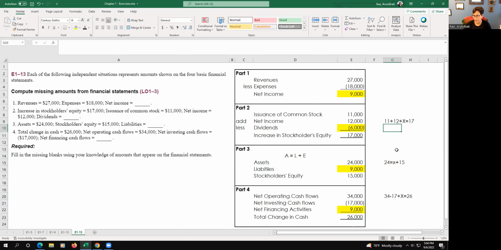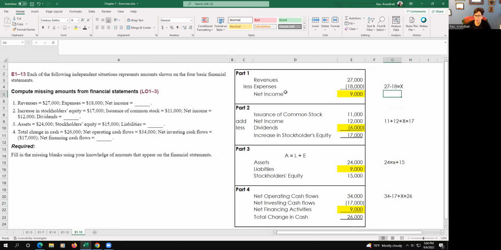When you solve for X, you will get minus 6,000. Here it is very simple. 27 minus 18 equals X, and that X is that net income number. So all you're doing is an arithmetic equation. There is one unknown, everything else is known, and that's about all there is to this.